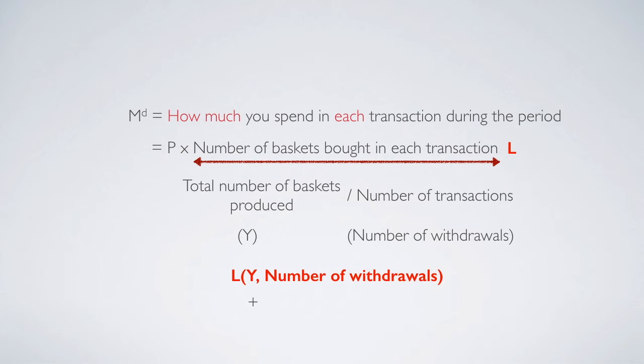And given the total number of baskets produced fixed, if the household makes more trips to the bank, which means the number of withdrawals increases, then of course the number of baskets in each transaction would drop. So the number of withdrawals is negatively related to L.